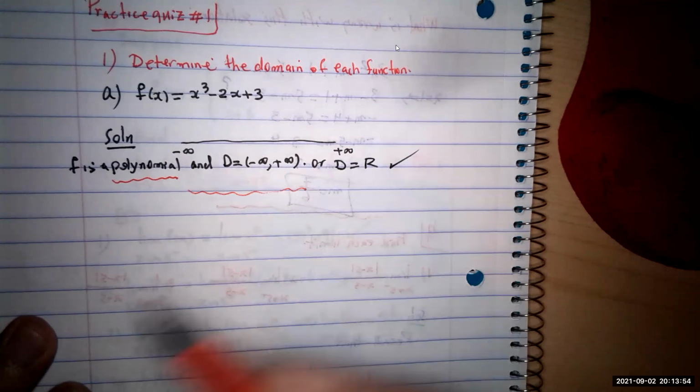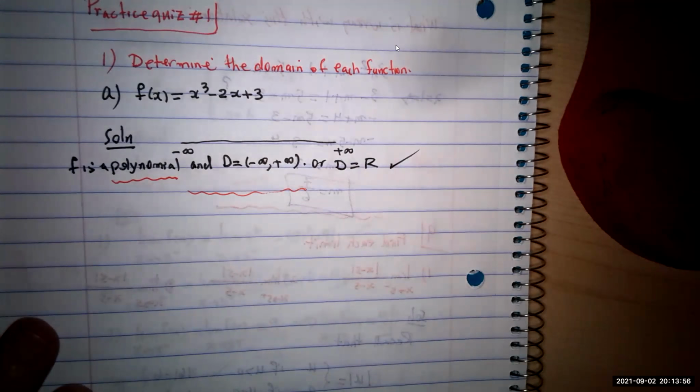Any question? Remember, the polynomials are the best functions in calculus because there is no restriction and they are defined everywhere. Yes? I have a question. For the quiz, do we have to mention what type of function the given is?